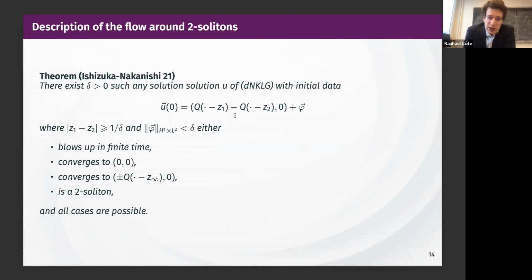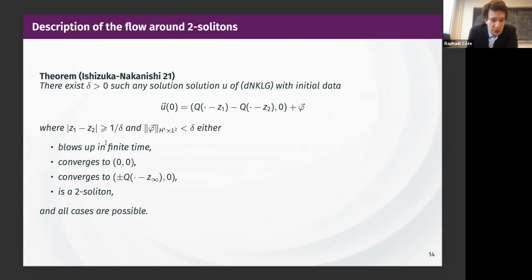So they were interested in what happens if the two solitons have the opposite sign, and you assume that they're far away from one another, and that they have a small extra term phi with small energy norm. And they show that you have several possibilities, and every one is possible.